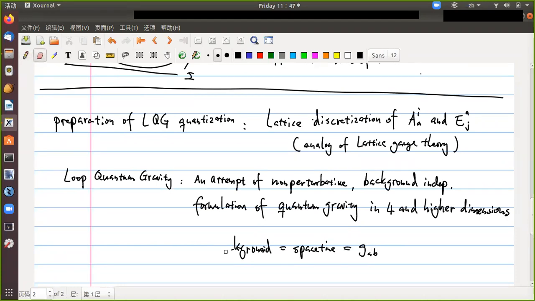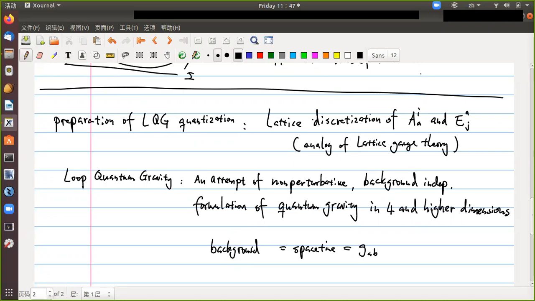For general relativity, the gravitational field is described by g_ab. Therefore g_ab is your dynamical variable. g_ab is the dynamical variable in the Einstein equation, and g_ab is space-time and is background. Which means the space-time and background itself is the dynamical variable in general relativity, in the gravitational field. Therefore, the Einstein equation doesn't depend on any pre-assumed background space-time, because the background is the dynamical variable.